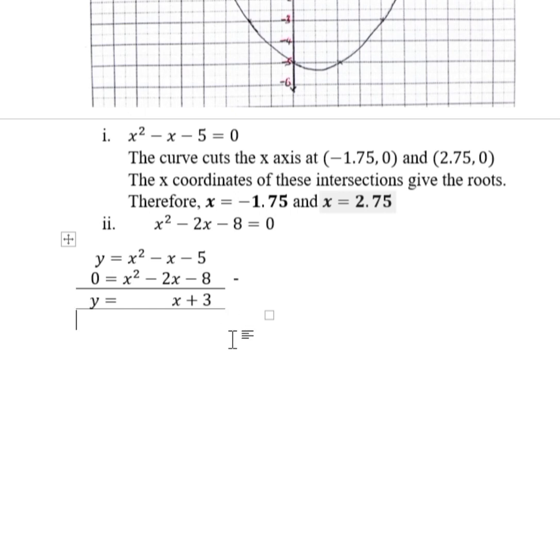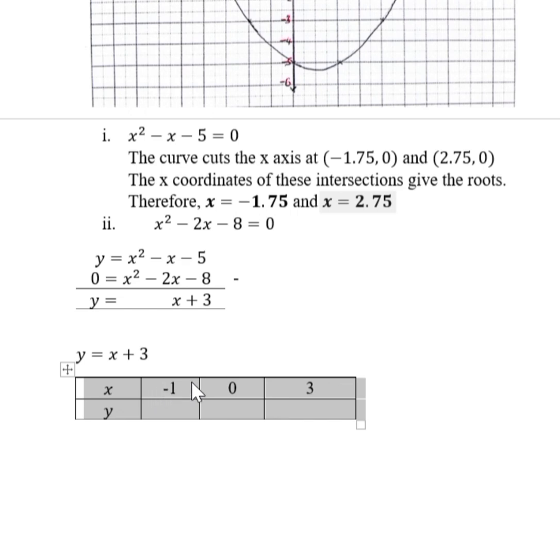So let's get some of the coordinates on which it passes. So I've picked these 3 points to assist me getting the points on which it passes. So when x is negative 1, y will be negative 1 plus 3, and that gives me 2. When x is 0, y will be 0 plus 3, giving us 3.